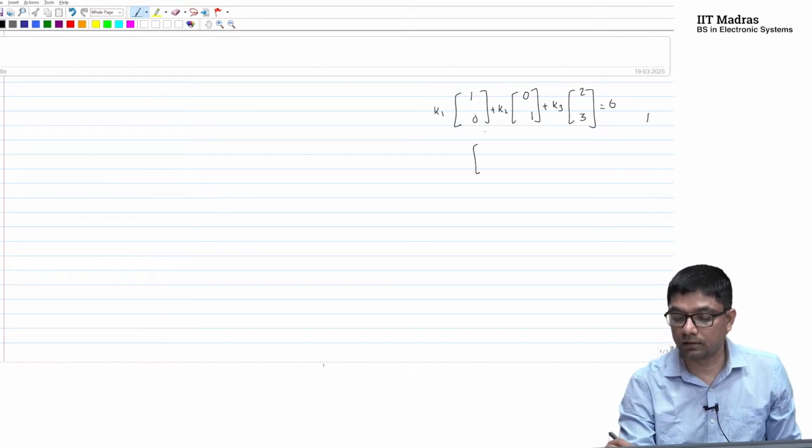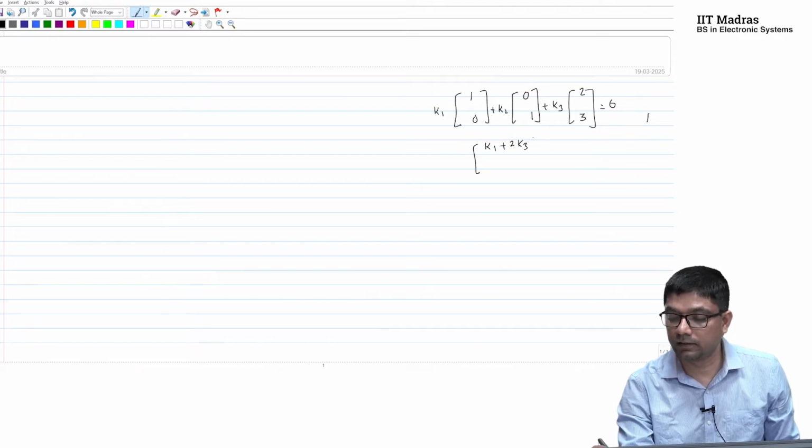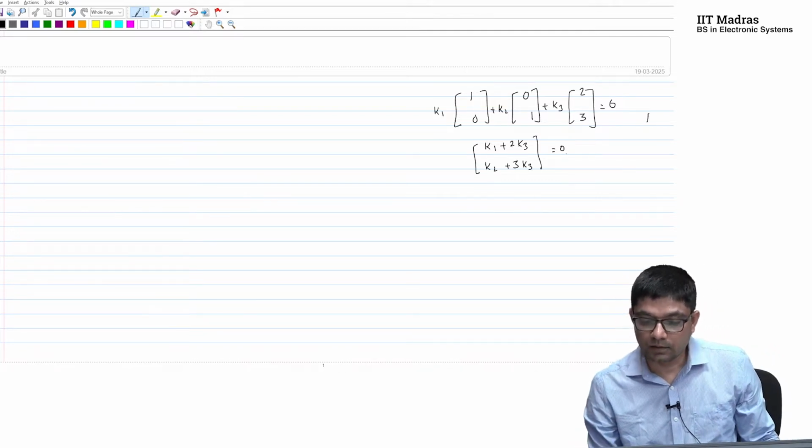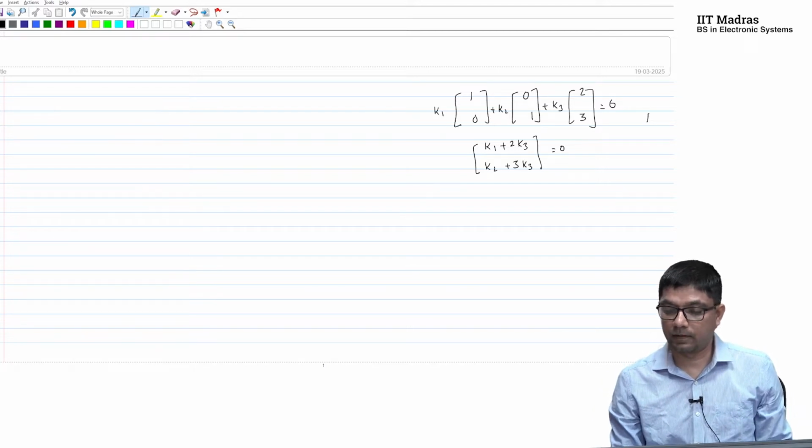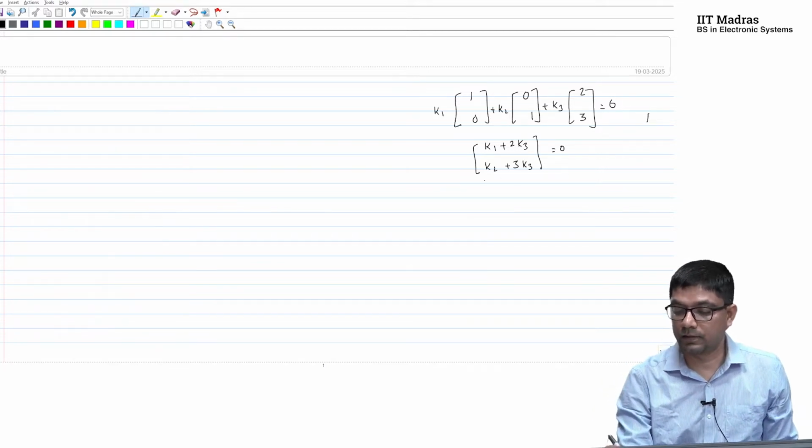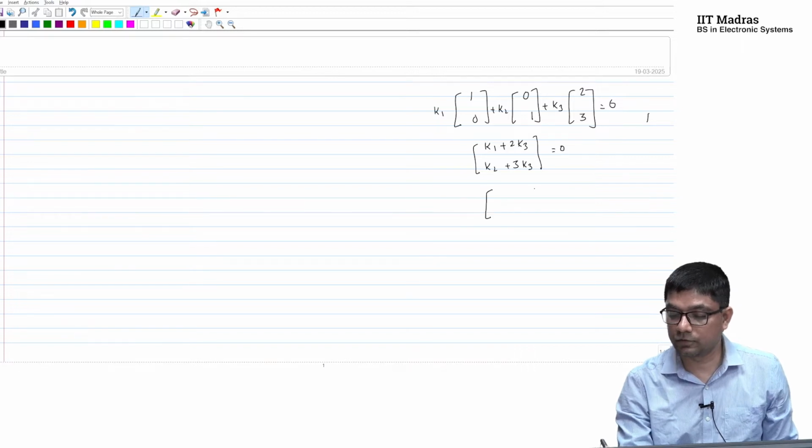So the first component will give me k1 plus 2 k3 equal to 0, and then again I'll have k2 plus 3 times k3 equal to 0. So does it mean that this is equal to 0 if and only if k1, k2, k3 are 0?